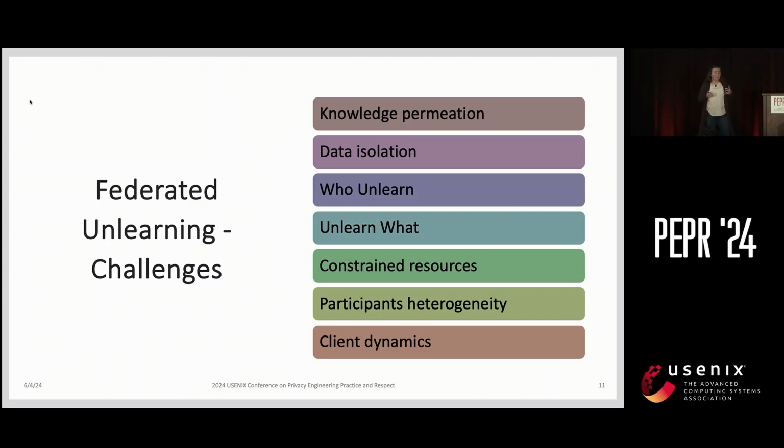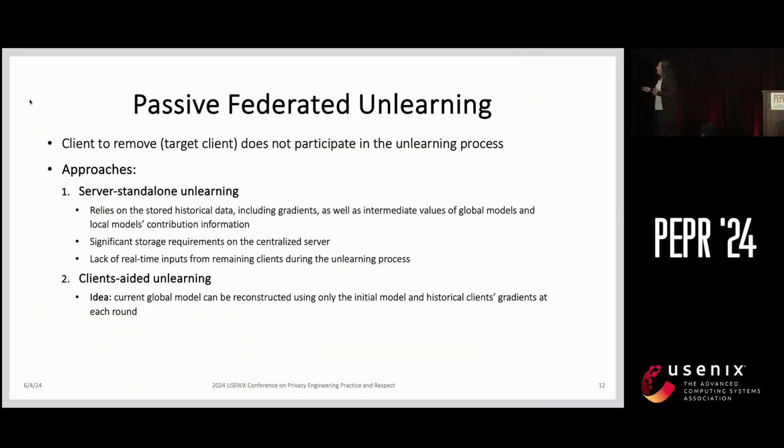We've started addressing it. Some algorithms have been proposed. For the most part, we can break down the algorithms proposed for federated unlearning into passive unlearning approaches, which are the approaches where the client who triggered the removal actually removes themselves from the equation as well. And here we're generally talking about two broad approaches: server standalone unlearning and client-aided unlearning.